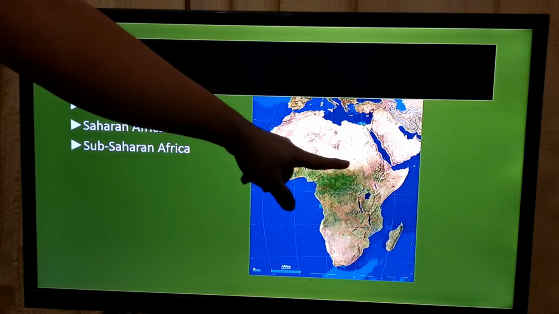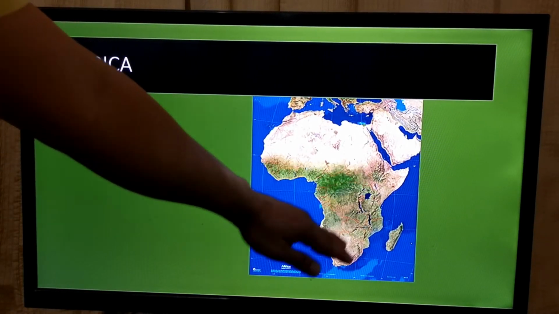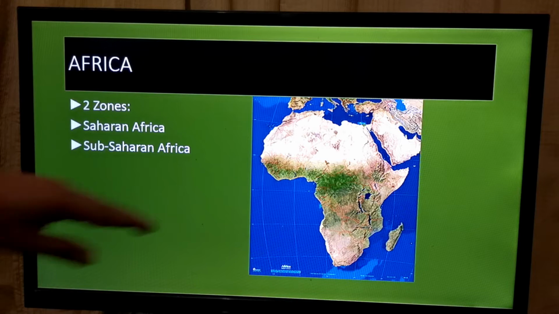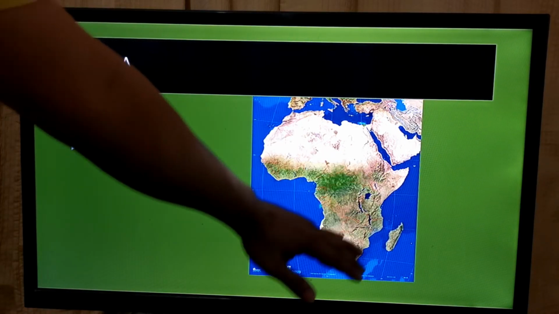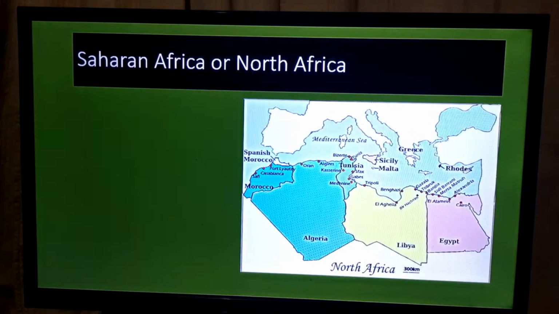And all the other countries south of the Sahara are called Sub-Saharan Africa. Okay, sub means under. So under the desert or south of the desert, this is Sub-Saharan Africa. So that's how you divide Africa.